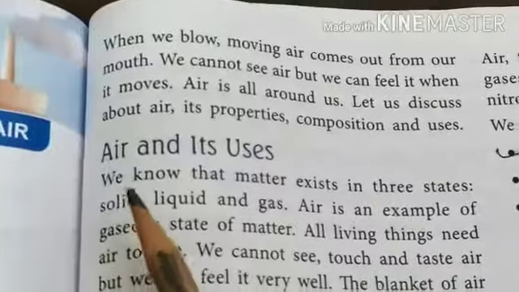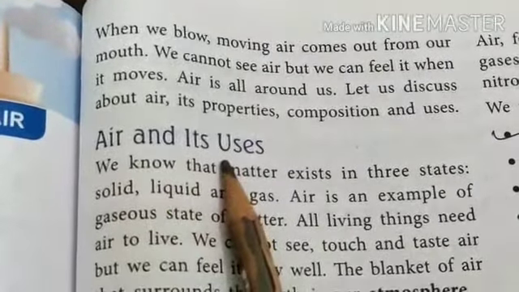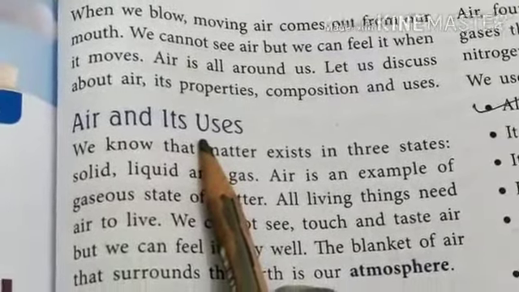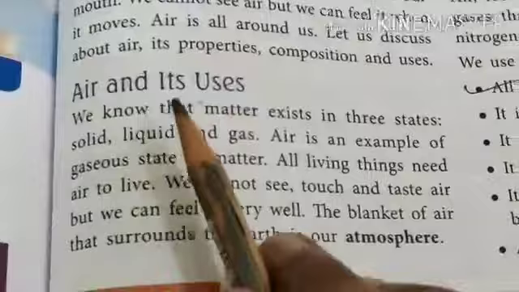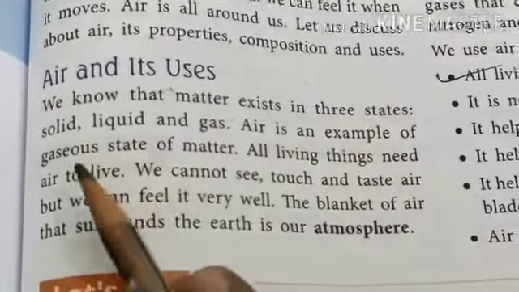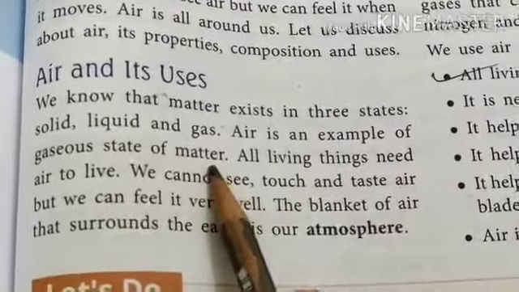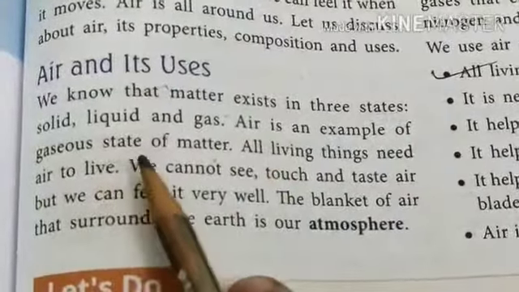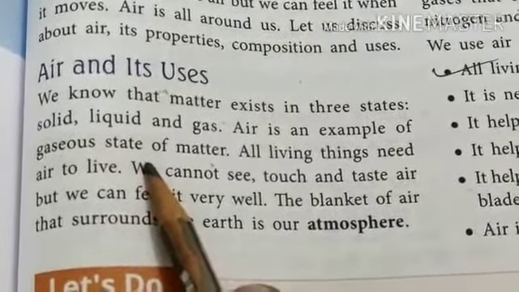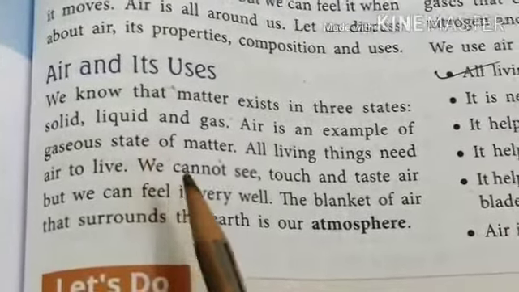Now let's discuss air and its uses. Last year in Standard 3, you all have learnt that matter exists in 3 states: solid, liquid and gas. Air is an example of gaseous state of matter. All living things need air to live.